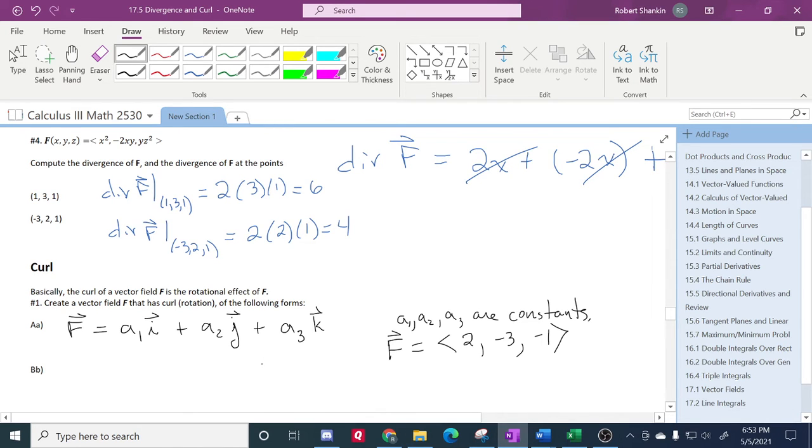Well, I feel like we're going to need some variables in there, like maybe x, y, and z. But you're not allowed to. It has to be of this form, with just constants. Then I'm not sure, because that's not going to have rotation because it's going to be the constant vector everywhere.